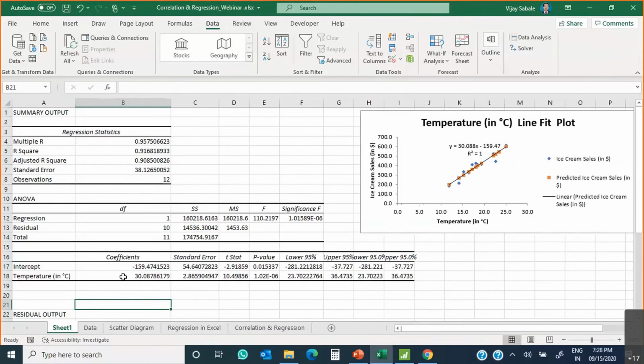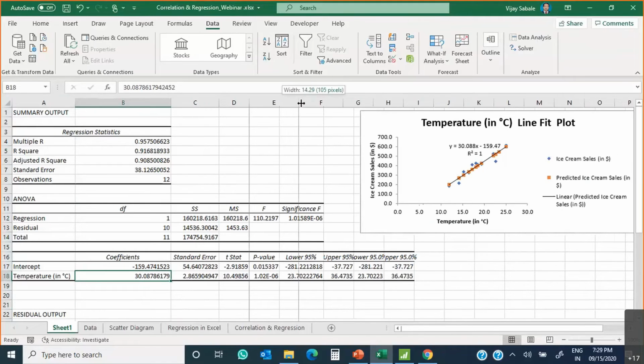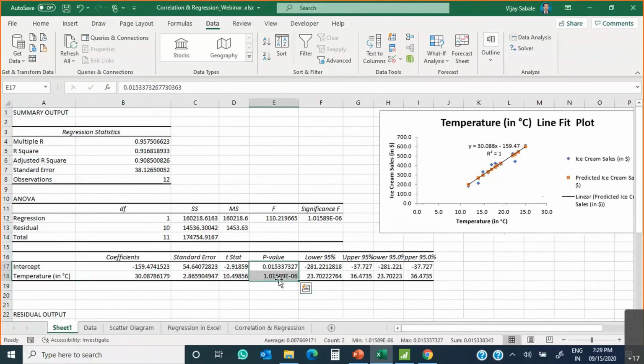And what is B1? B1 you can see is 30.088. This indicates that with a 1 unit increase in temperature, there will be a 30 unit increase in the sale of ice cream, right? So that is the indication. So this is the regression analysis. Now, there is a very important value which I already told you about, that is the p-value.